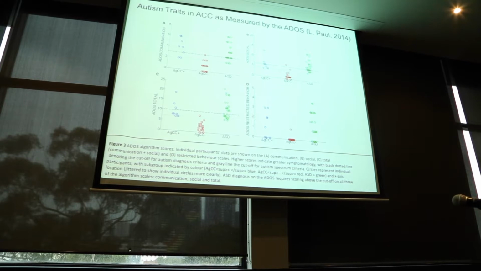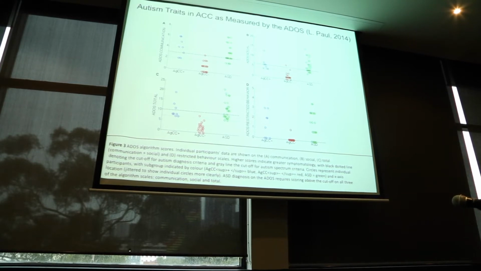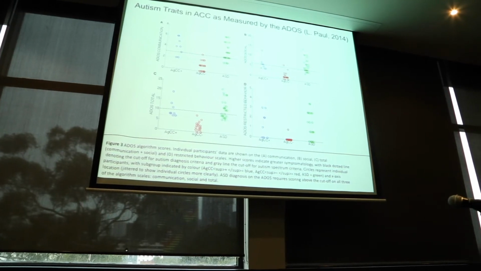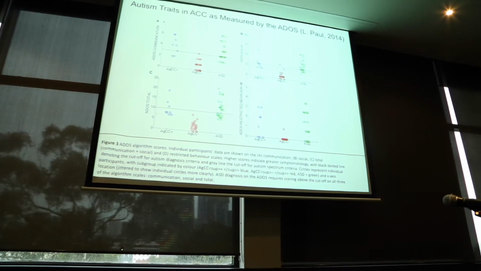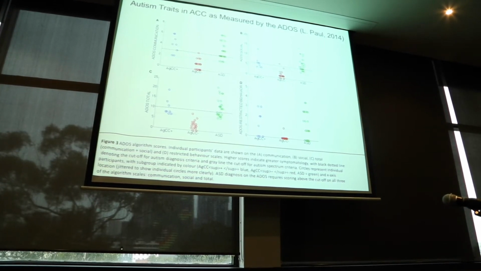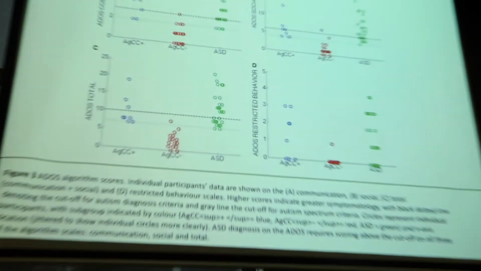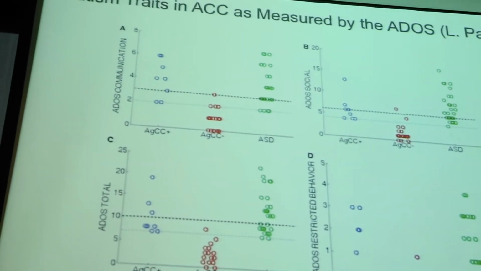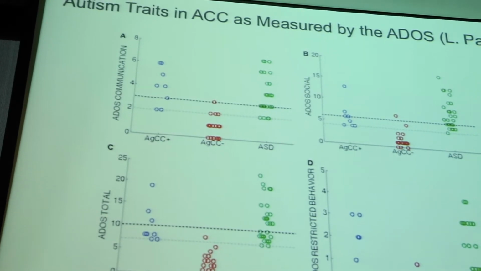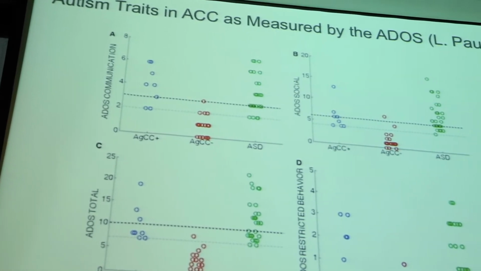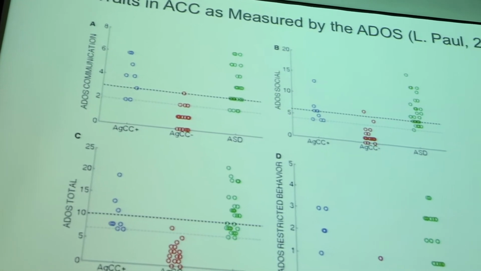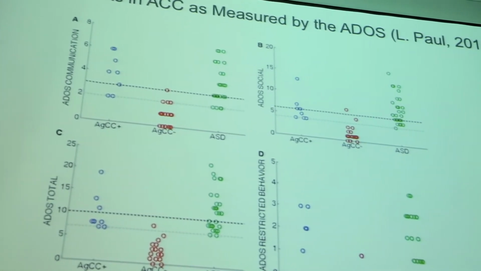Okay, and then this is work taken from Dr. Lynn Paul, who's also here, and this is very nice work that she did. The benefit of this work over ours is that these were in-person assessments, and they were using a tool that's called the ADOS, Autism Diagnostic Observation Scale. So ours is a survey where people fill out the questionnaire.